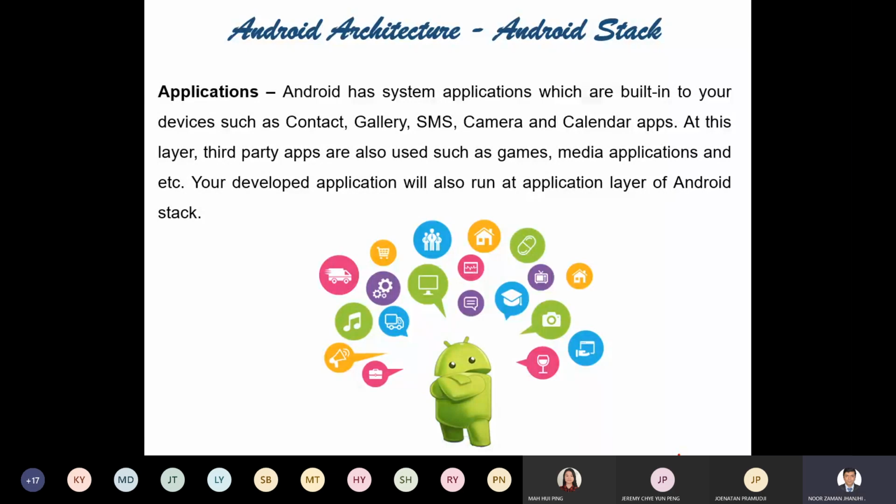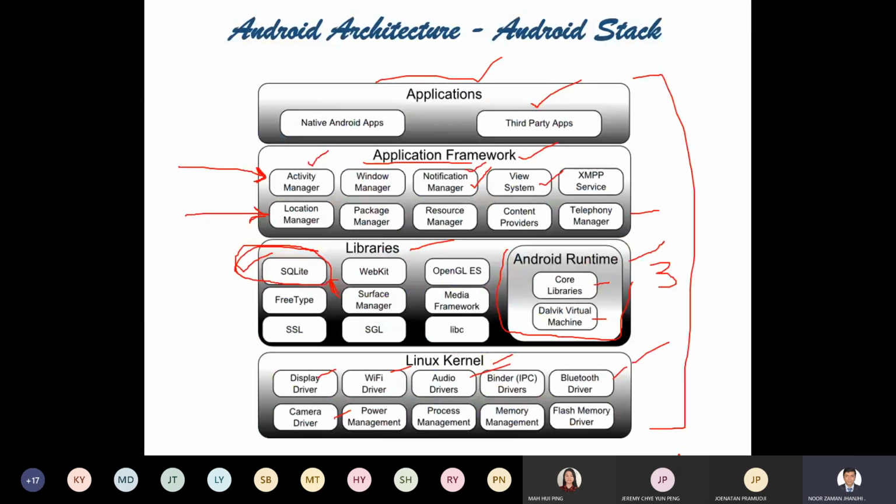Like contacts, gallery, SMS, camera, calendar, and other applications. If you wish to uninstall those applications, the system will not allow you to. Why? Because those are the native applications. Native applications are the Android apps which come with your device when you purchase it, and you will not be able to uninstall them.